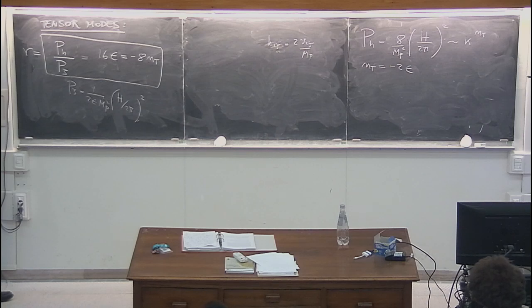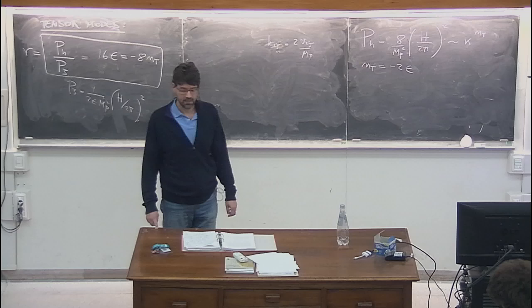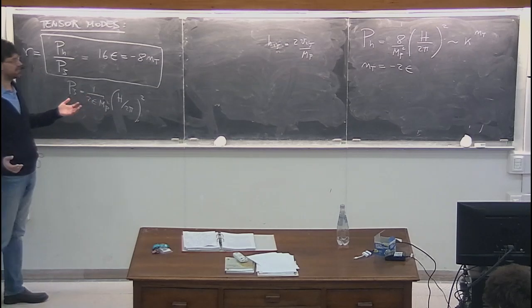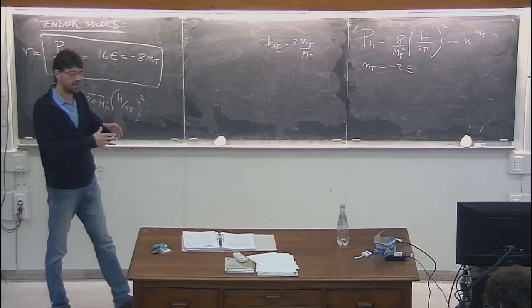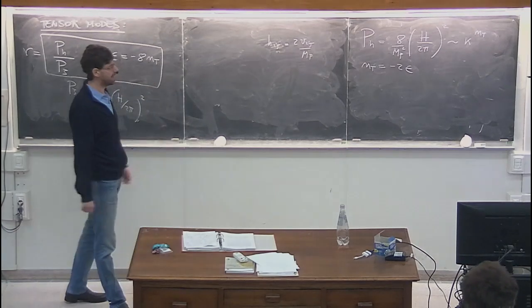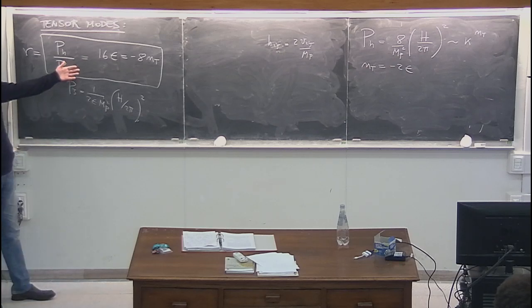Okay? So there is a lot of effort now to measure the power spectrum of the tensor modes coming from inflation. The way you do it is simply looking at the polarization of the CMB anisotropy, because at the last scattering surface, if there are tensor modes generated during inflation, these tensor modes, when they go through a given region, perturb the underlying space-time, and they induce, when the photon scatters off the electrons, a given polarization that people now are looking for.